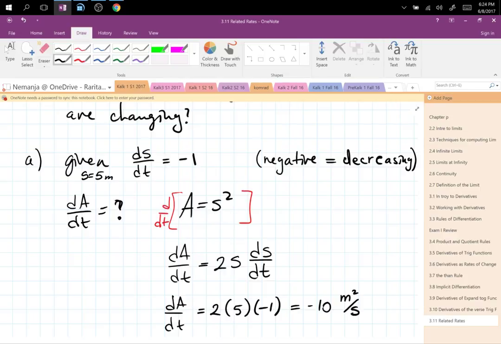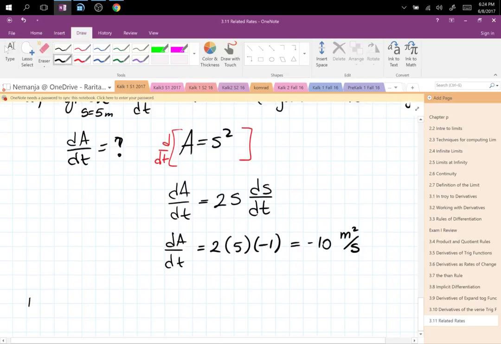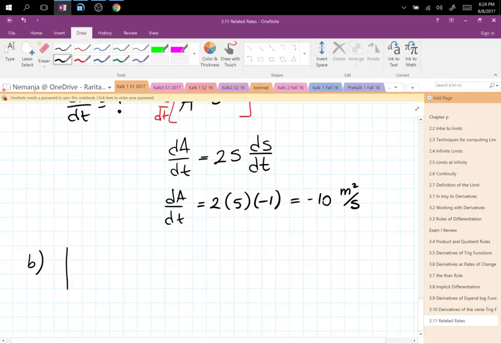Now, part B. Part B is asking about diagonals. Well, if you are having an issue with formulas and things, you can draw the square with the sides S and S, and then try to figure out, let's use capital D for the diagonal.